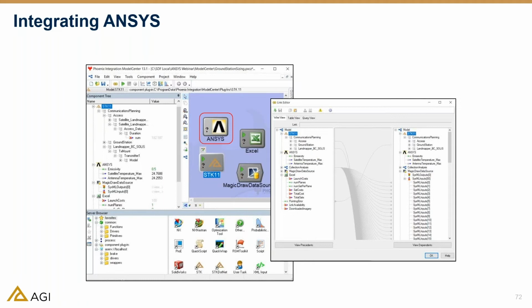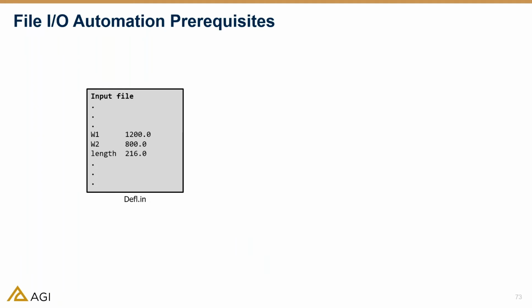First off, before I do that, I just want to level set and talk about file I/O automation, so file input/output. This is a typical pattern of running software, either in a manual sense or from a programmatic sense, where we have some basic input file. We see here we have deflection.in, which has some input values and variables.